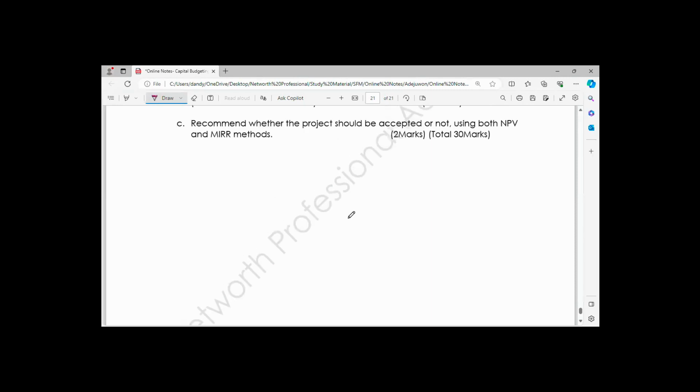Now, in a question, when you have multiple variables, if you have sales value, variable cost, specific fixed cost, other relevant costs, and in that same question you have taxation, inflation, working capital, and other variables, in that case you cannot use the small table for calculating NPV. Rather, you are supposed to use a columnar format to present your work.